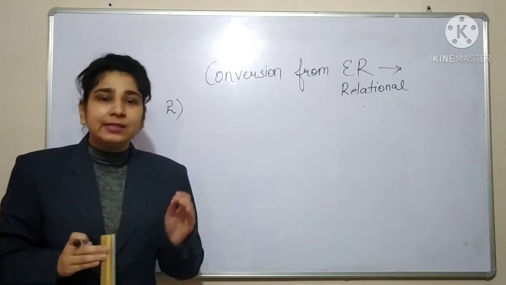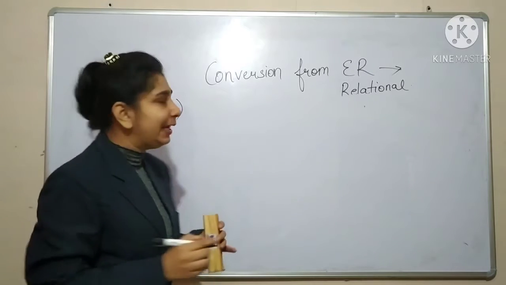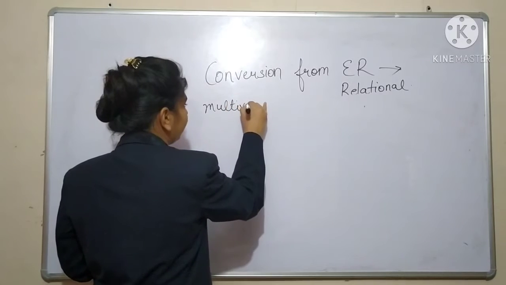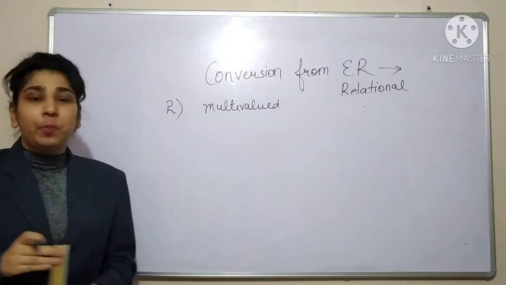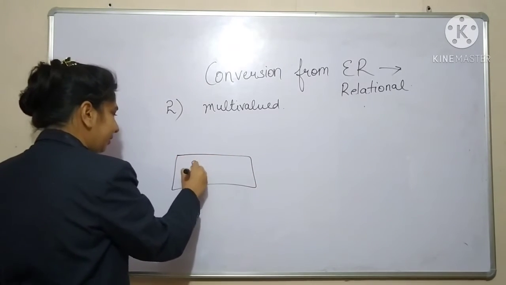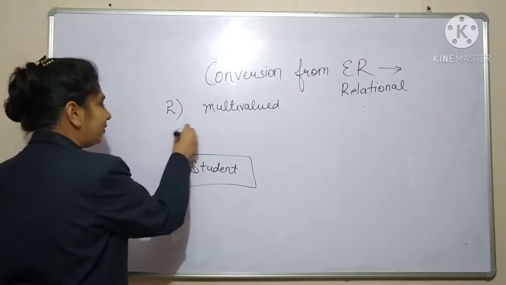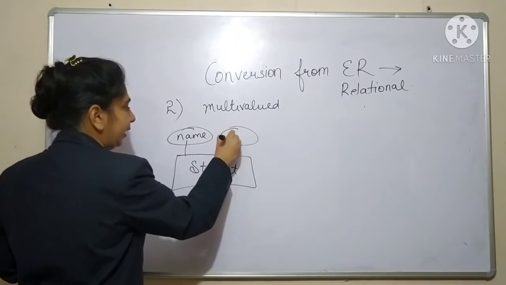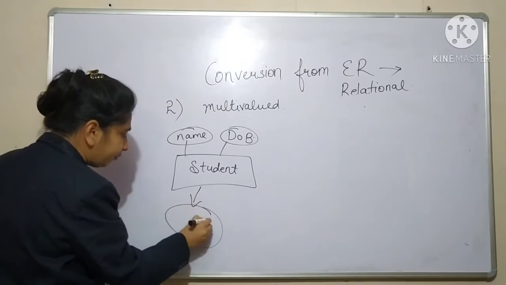Now let's convert a multi-valued attribute into the relational model. Let's suppose we have one entity, student. We have the name attribute, we have date of birth, and one attribute we have is phone number.